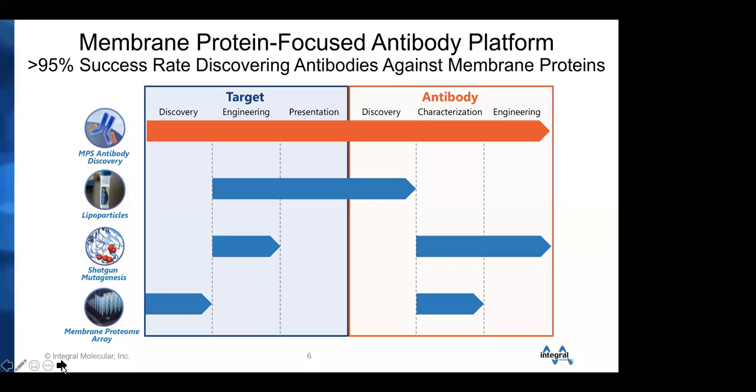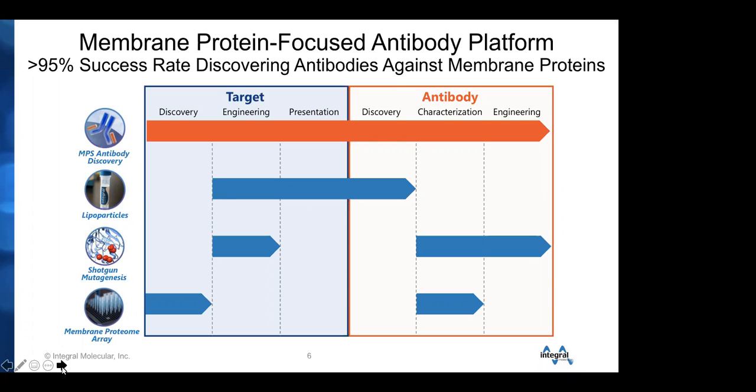We also have two high-throughput cell-based platforms that are used in the discovery and characterization process. The first is shotgun mutagenesis, which involves making comprehensive alanine scan libraries that can be used for antigen engineering if that's needed, and more commonly for amino acid resolution epitope mapping on the characterization side of things.